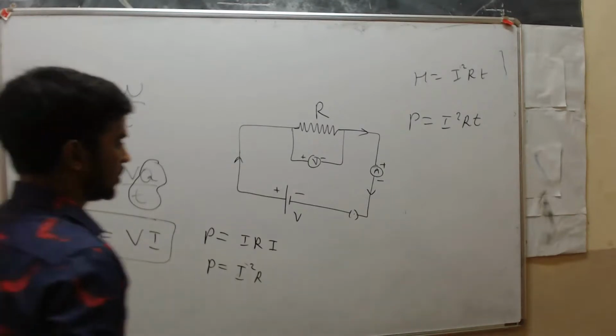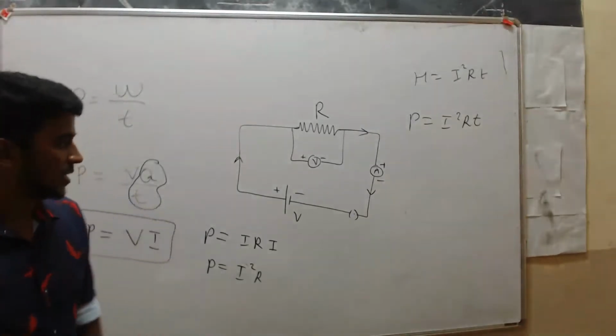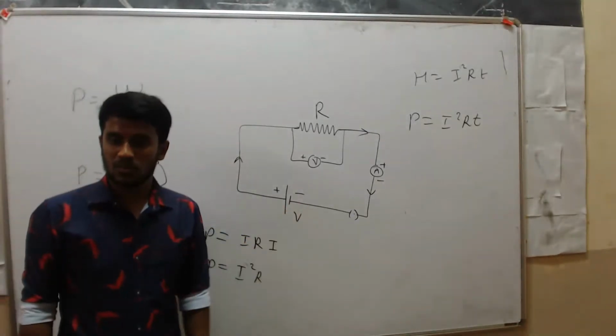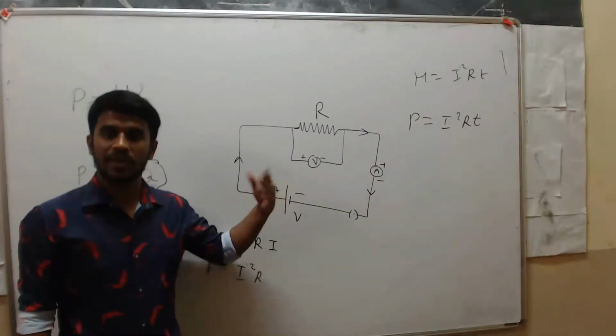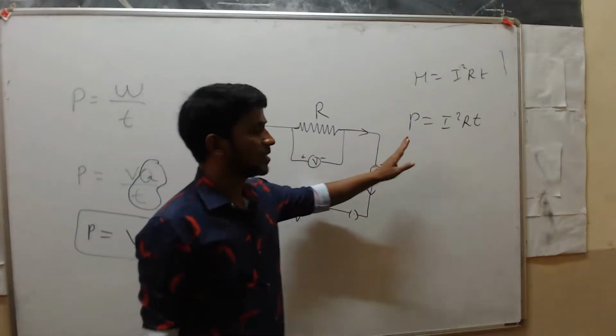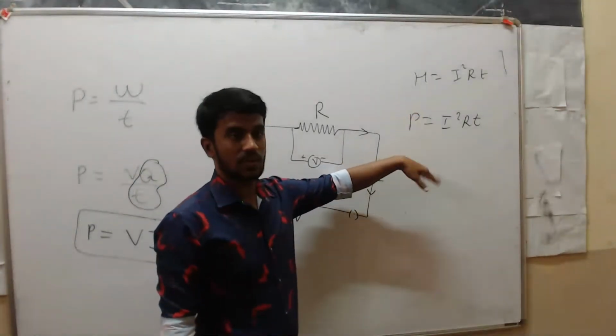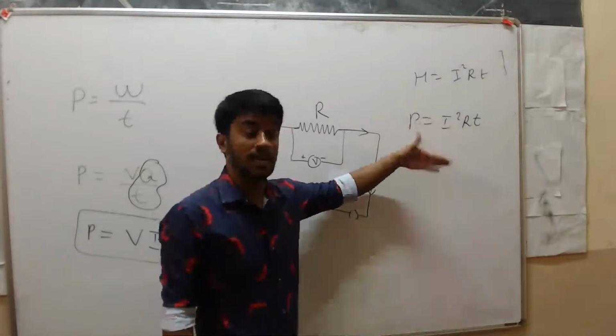Yes, see here. Now we got power equal to I square into R into T. I had told you in the beginning that only a small amount of energy is useful for us. The remaining is converted into heat. So this power is dissipated as heat.